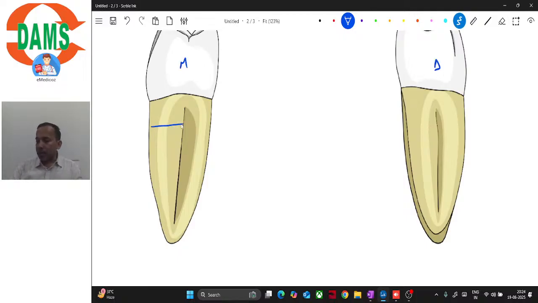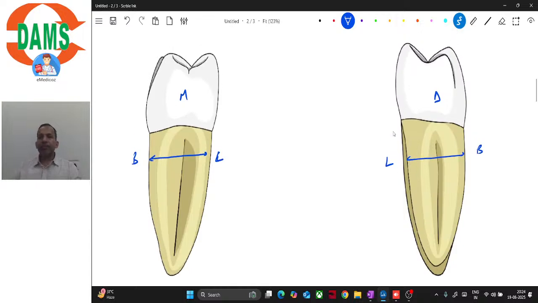The question is asking which root is broader buccolingually? In one of these diagrams you can see the tooth from the distal aspect, and in the other diagram you can see it from the mesial aspect. So after looking at these diagrams, it is easy to answer the question, right? Which root is broader buccolingually?